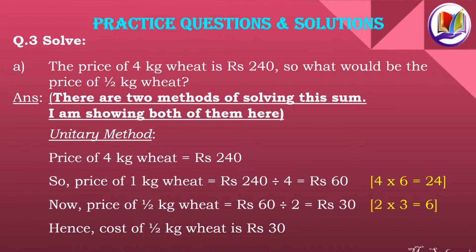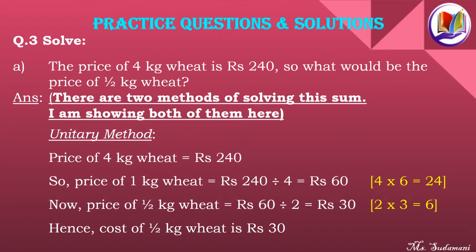So price of 1 kg wheat would be 240 divided by 4, that is rupees 60. Now if price of 1 kg wheat is rupees 60, what would be the price of half kg wheat? Well, 60 divided by 2, that is equal to rupees 30. Hence the cost of half kg wheat is rupees 30.